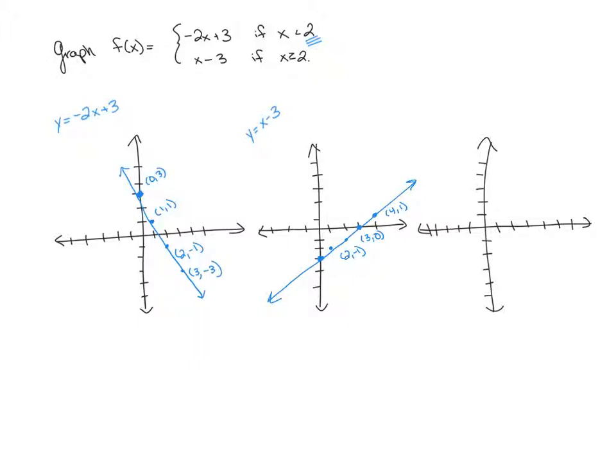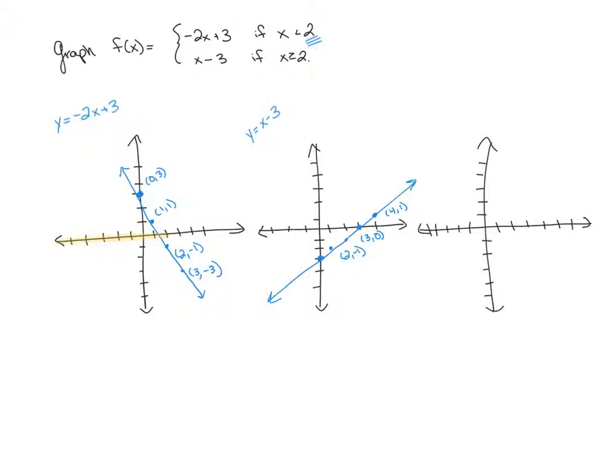So if I look at negative 2x plus 3, I want to look like this graph for any x value that's less than 2. So I'm going to highlight, here's my x-axis. What you see highlighted in yellow, these are all of the x values less than 2.